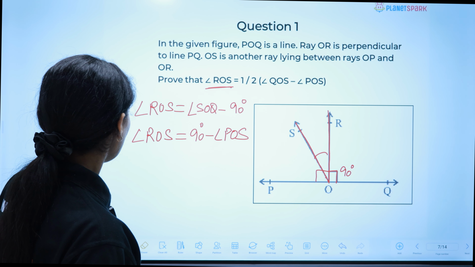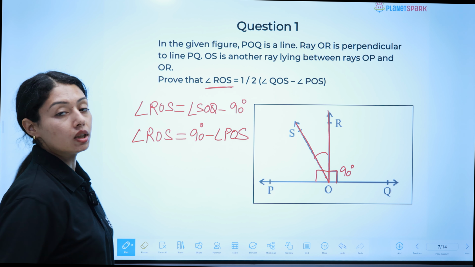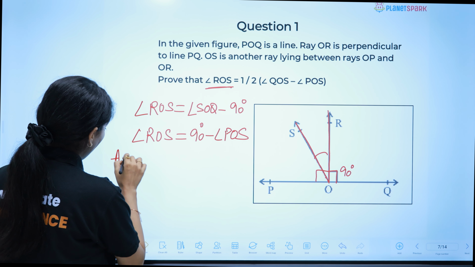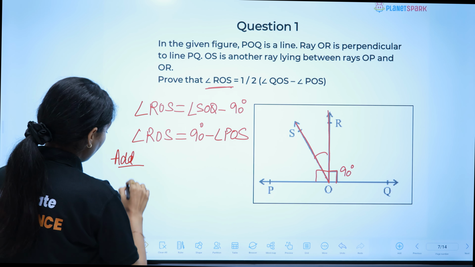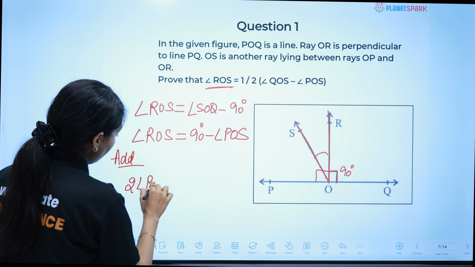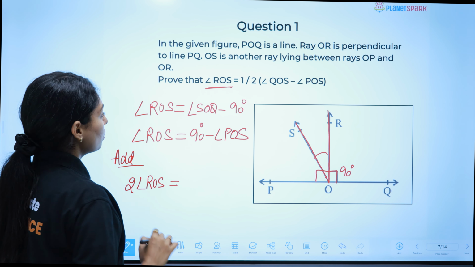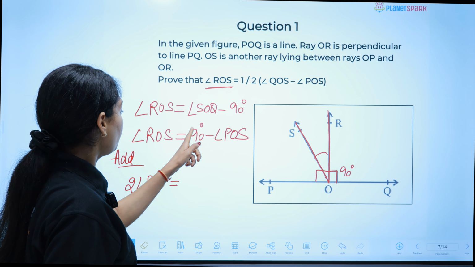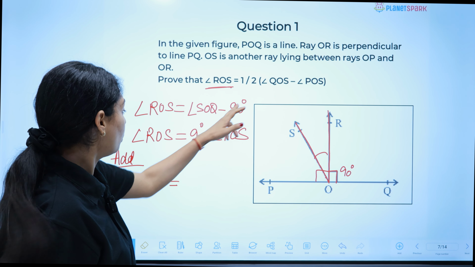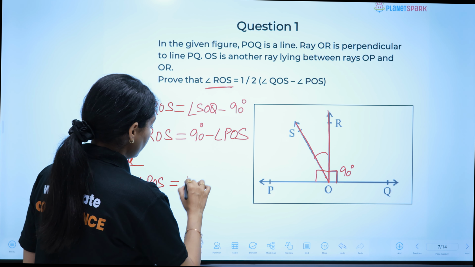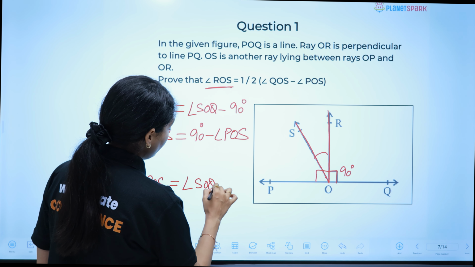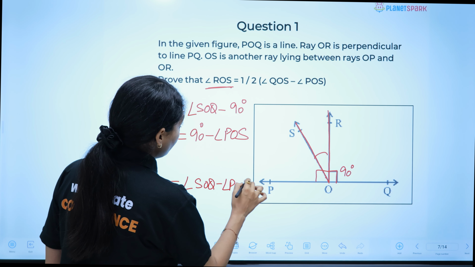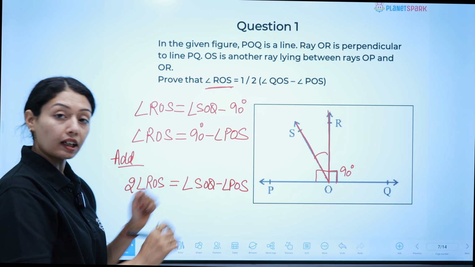Okay. Now let's add both the equations. Okay. Add them up. So I have got on the left hand side 2 times angle ROS is equal to angle SOQ minus 90 plus 90 minus POS. So positive, negative cancels out. We have here angle SOQ minus angle POS. 2 को दूसरी साइड ले जाएंगे.